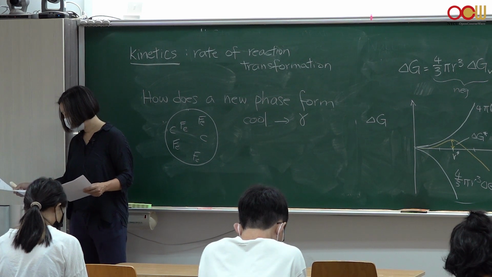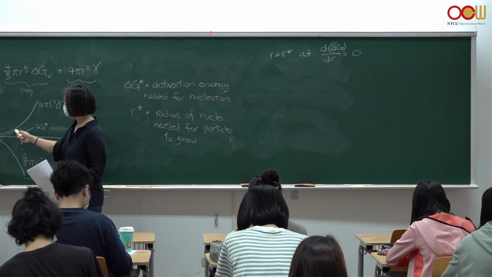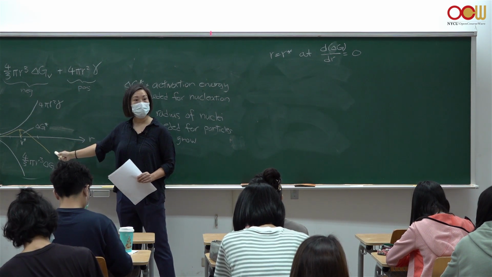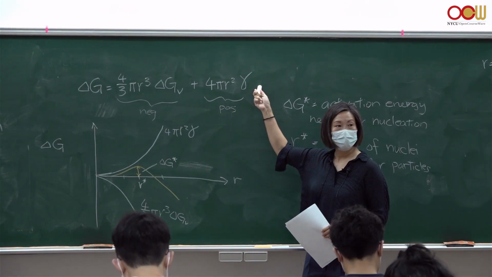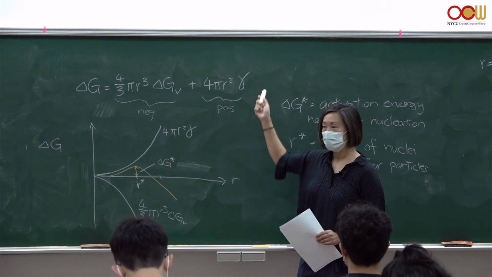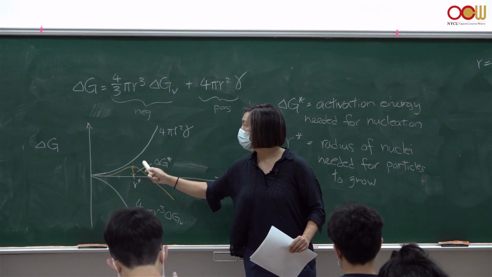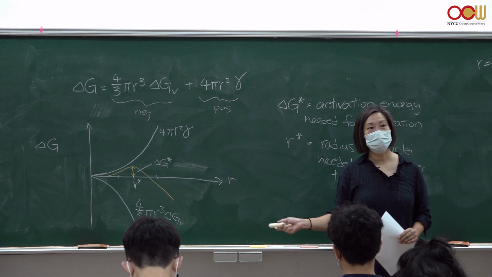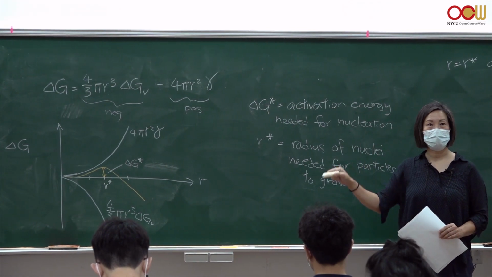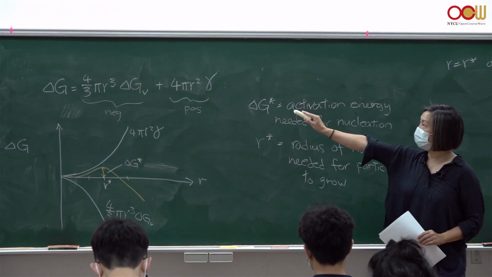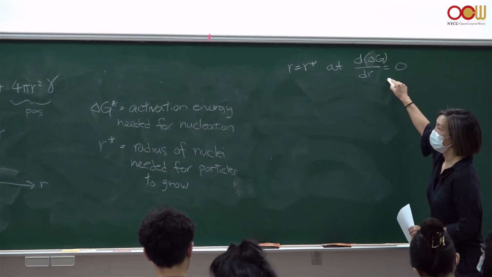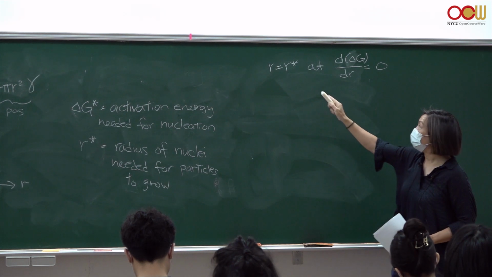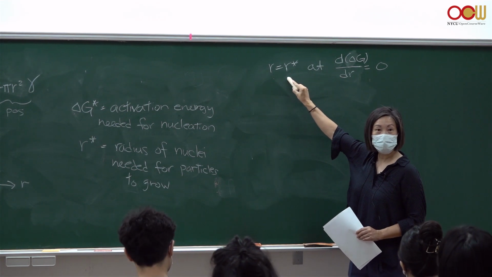Let me do a real quick calculation to show you what that R star and G star are. If I look at this graph, which is this equation, the yellow curve describes this equation. At the maximum of that curve, with respect to R, the derivative of that equation should be 0, right? Because that's the maximum. So if I take that equation, take the derivative with respect to R and set it equal to 0, that's where my R would be R star.